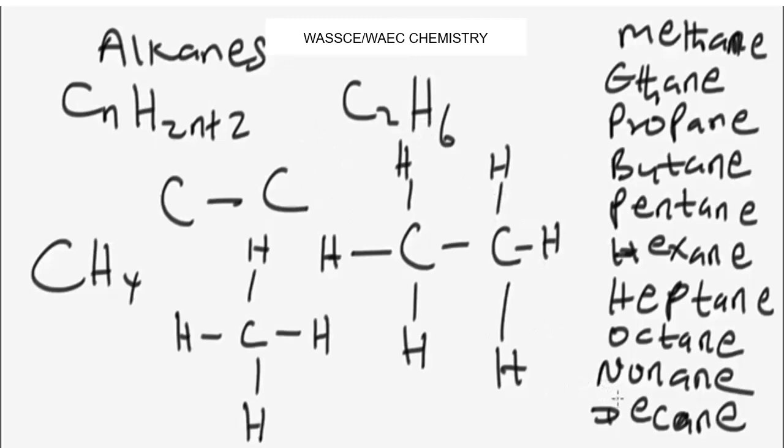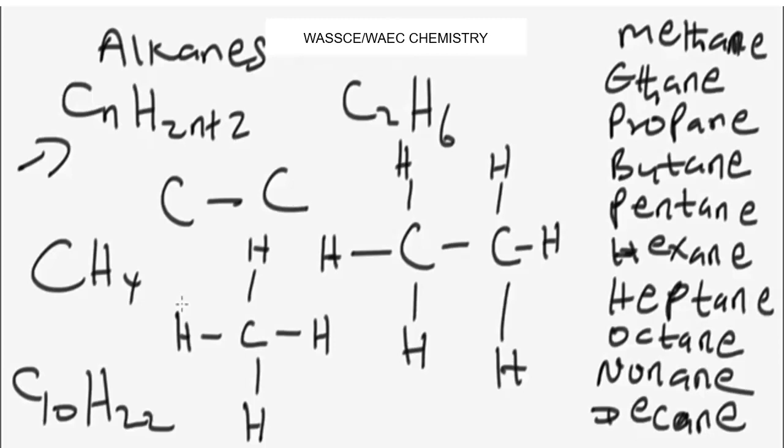For instance, decane has 10 carbon atoms, so when you apply the formula, it will be C10H, with 2 times 10 that's 20, plus 2 equals 22. So this will be the chemical formula for decane. That's how you can write the chemical formula of members of the alkane family and draw their chemical structure. It's as simple as that.